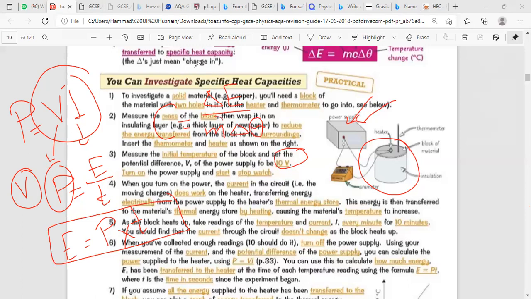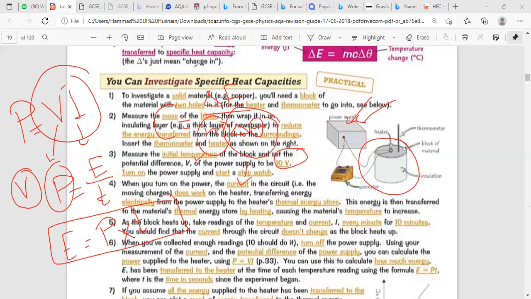So we find out the mass in the first step. In the next step, we find out the change in temperature: after 10 minutes of power supply, we turn off the power supply and find out the temperature, and then we subtract the initial temperature, which we noted down before turning on the power supply, and this is how we find out the delta theta.